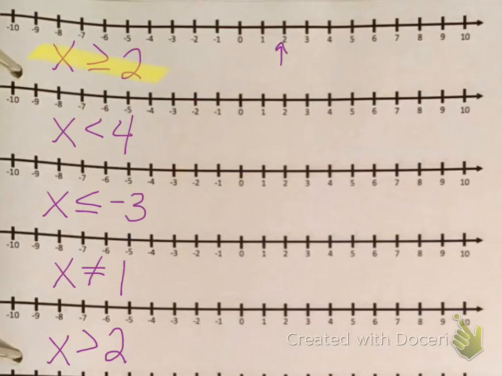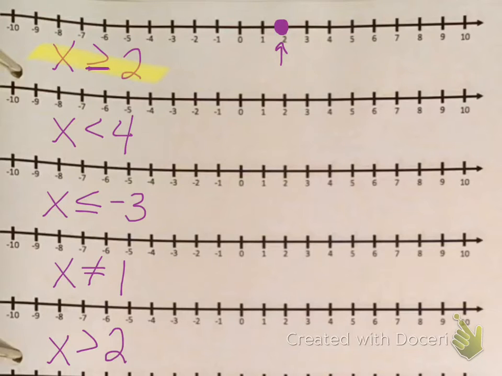Then the question becomes, do I use an open dot or a closed dot? Well, I have an equal to bar. Remember, equal to bar means closed dot. It means 2 is a solution. All right, so we've got a closed dot at 2.